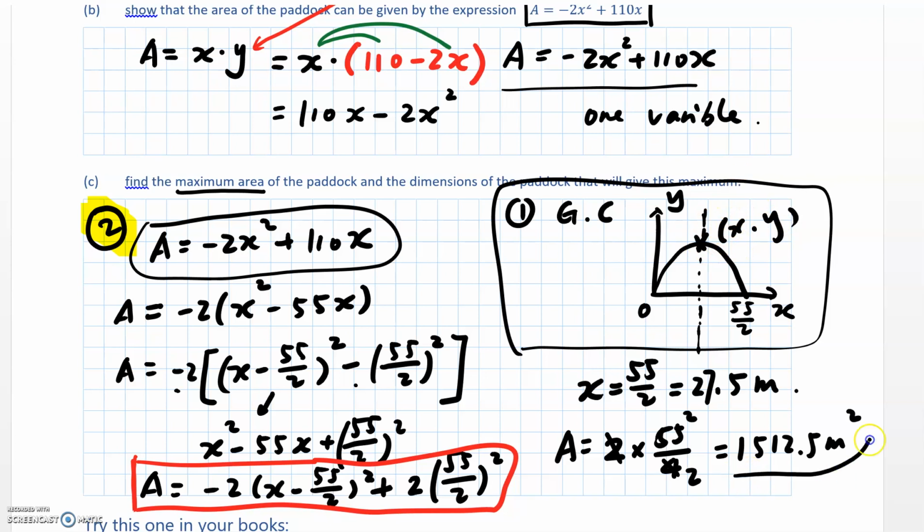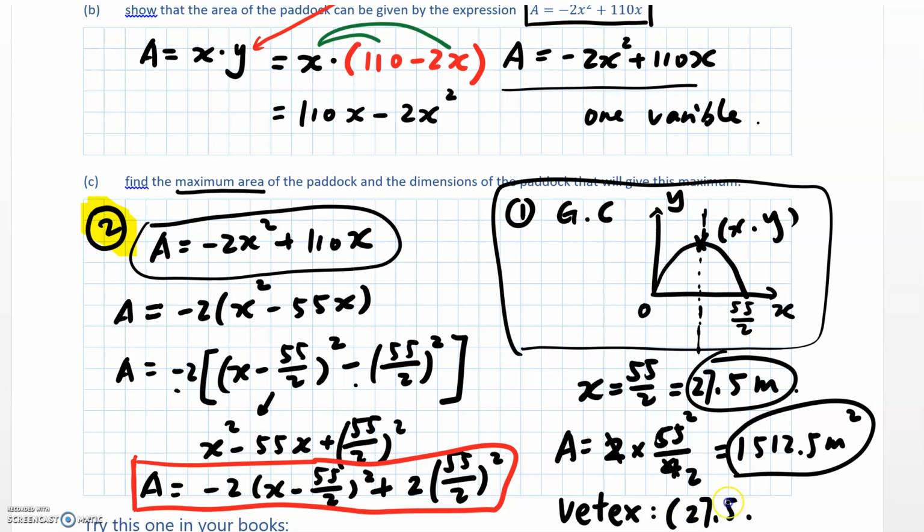You can get this value and this value together, because really what these two values are is the vertex. So the vertex of this function is 27.5, 1512.5.